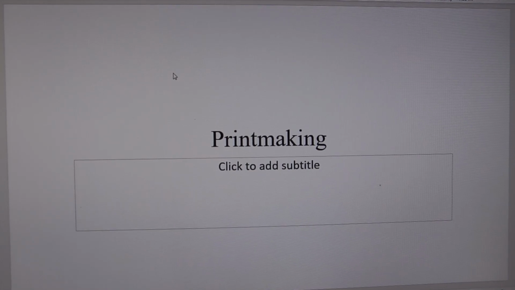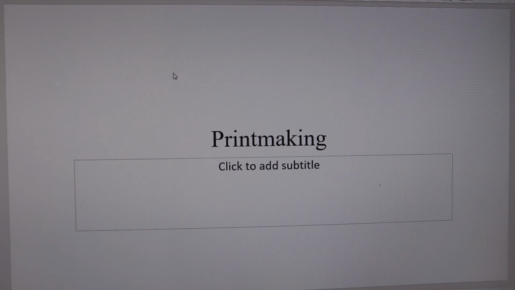Let's start out by talking about what printmaking does. It's a process that involves transferring images from a matrix or template onto another surface, usually paper or fabric. The artist inks the template and transfers it onto another surface. Traditional printmaking methods include woodcut, etching, engraving, and lithography, and they all require a printing press to provide even pressure.